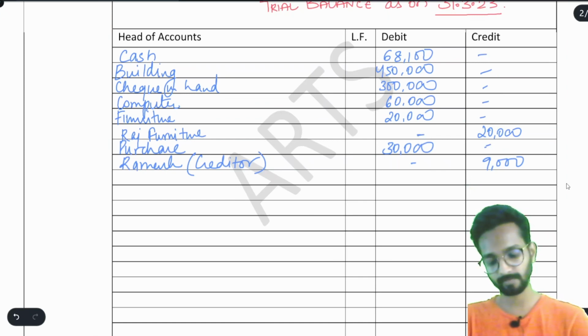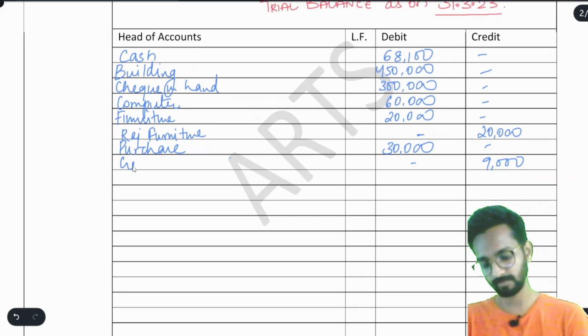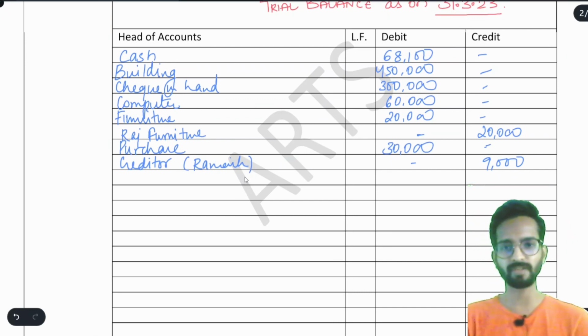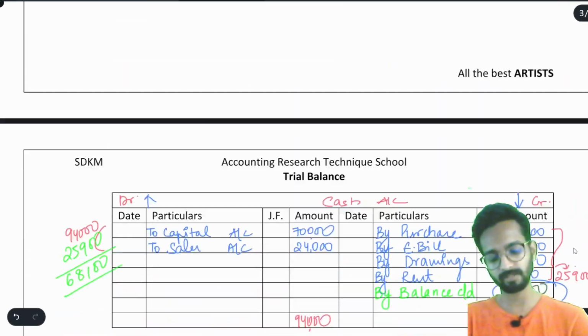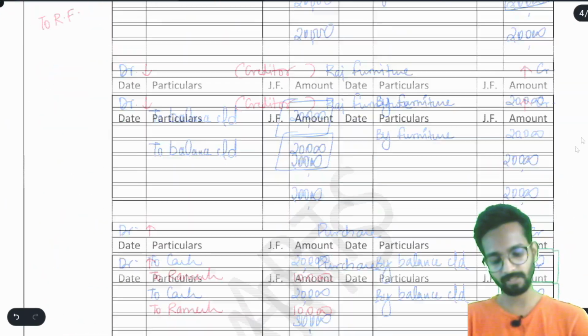Actually, you can write it like creditor. See, remember the names generally do not appear in the trial balance. When they give you the information, you can directly write the creditor only, okay? But we are just writing here for the understanding purpose. Ramesh.